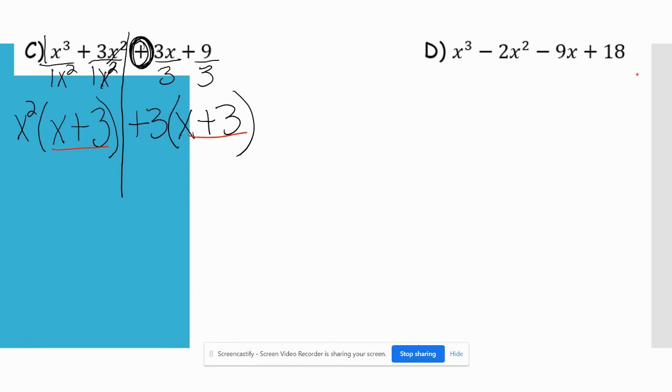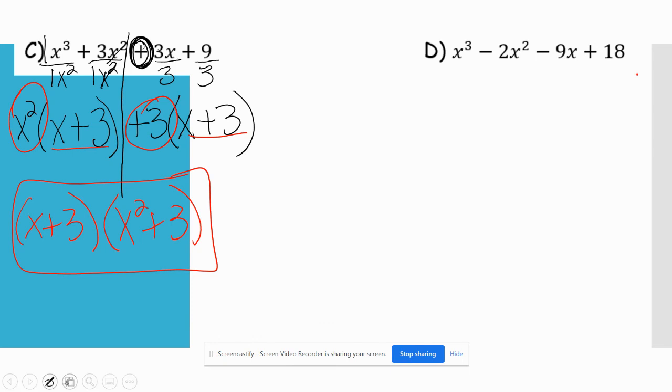Checking our parentheses of our leftovers, they are exactly identical. That also means that our common factor for our new set is x plus 3. Our leftovers are x squared plus 3. And that is factored form.